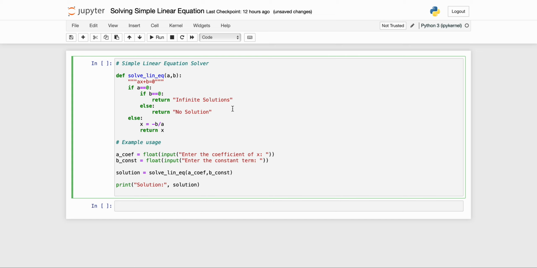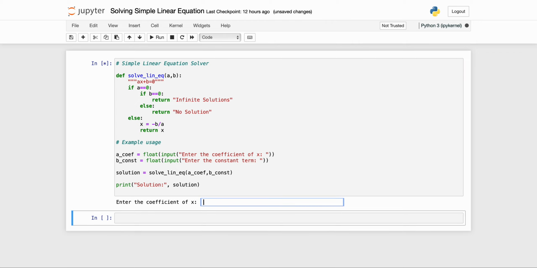Okay, so let's go ahead and run it and try a simple example. So let's run the script, and so let's just solve a simple linear equation. So let's say we're solving the linear equation 2x minus 4 is equal to 0.